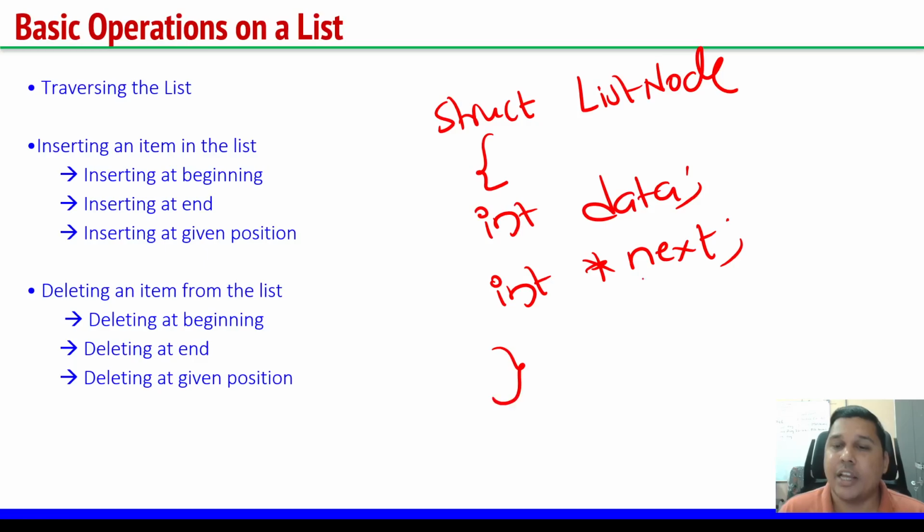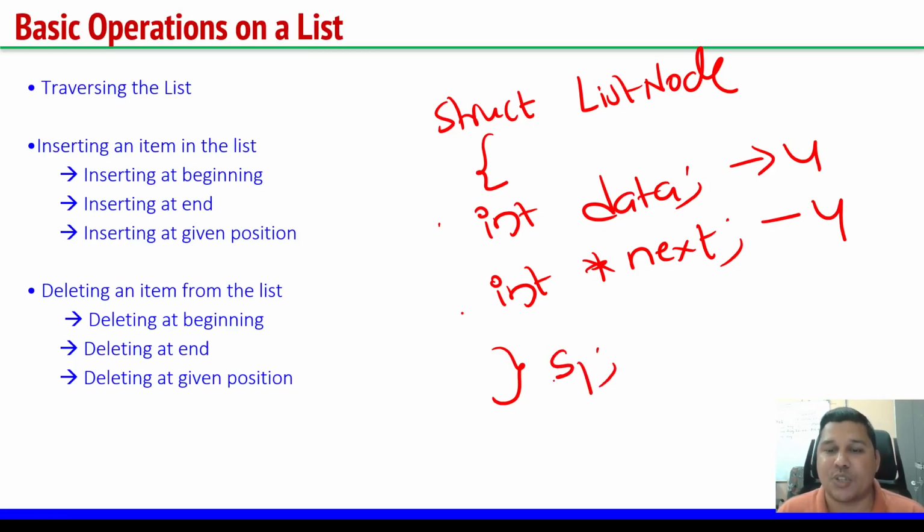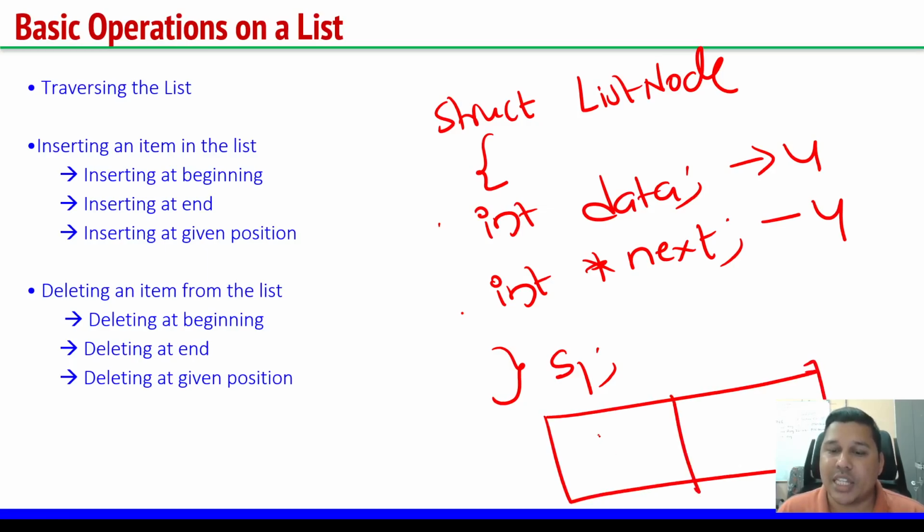When you write two variables, definitely this will occupy 4 bytes and this will occupy 4 bytes. So, as soon as you create an object s1 for this, what will happen? In memory, this is for data and this is for star next. Like this, a block will be created, right?